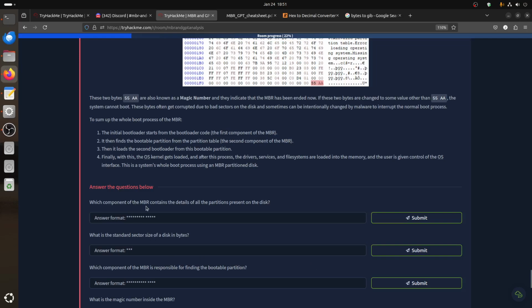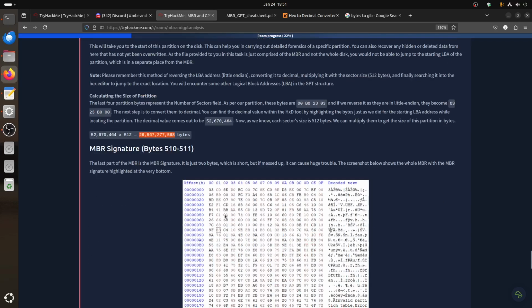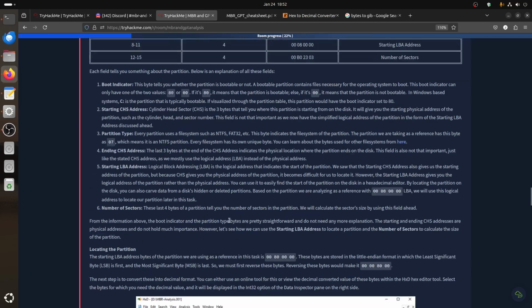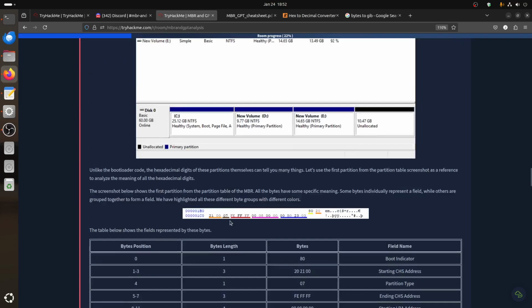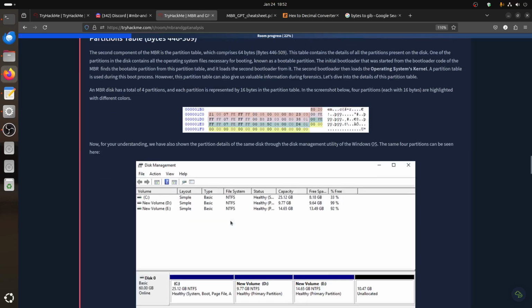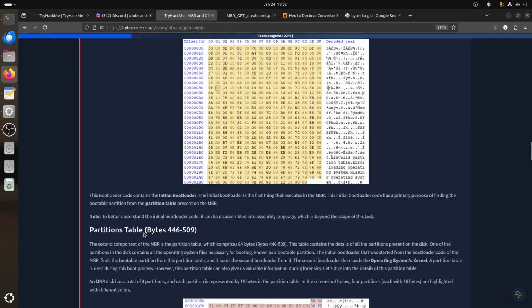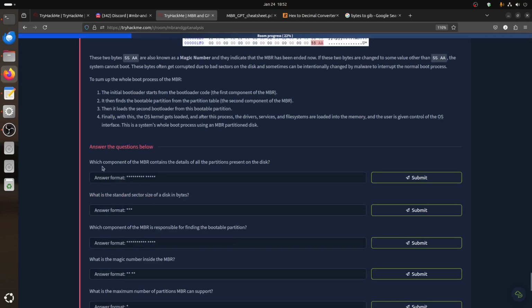Which component of the MBR contains the details of all partitions present on the disk? The partition table.